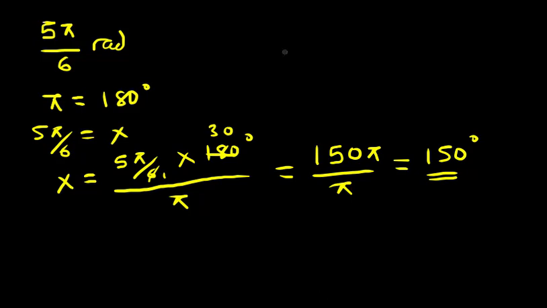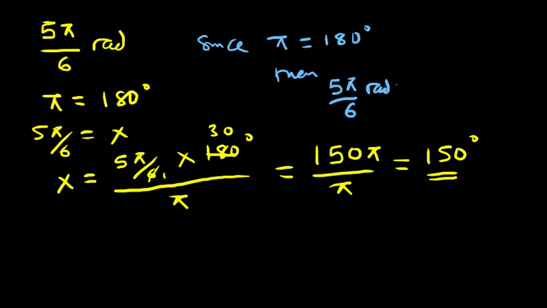So it's the same thing here. We can say since pi is equal to 180 degrees, then 5 pi over 6 rad is equal to 5, then pi rad, that is equal to 180.